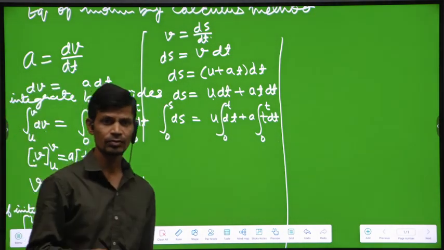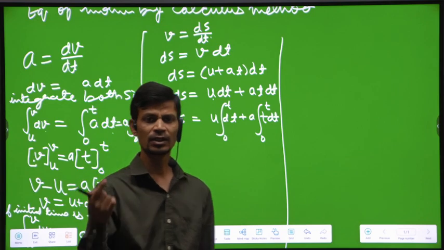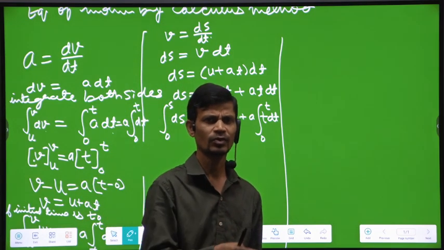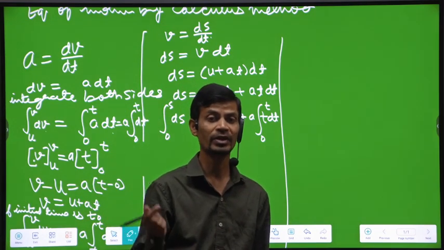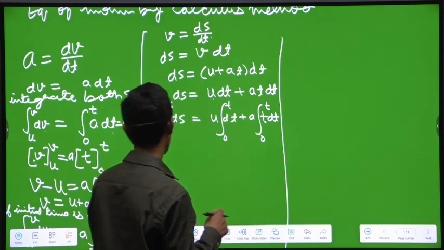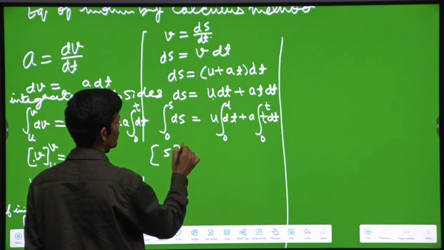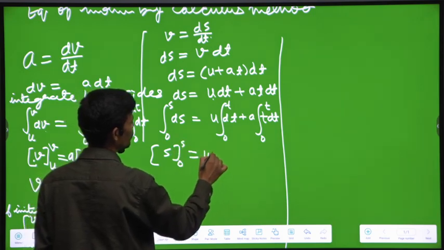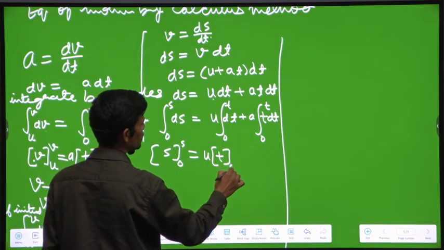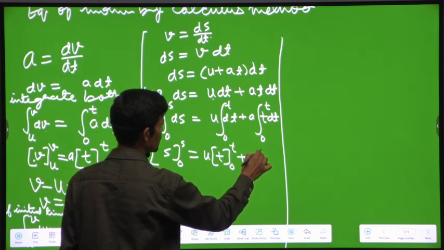Now, as I told you, integration of dt is t plus some constant, but we don't bother about it because of the limit of integration. So ds is just s, limit of integration 0 to s. u dt integration is t, 0 to t, plus a.